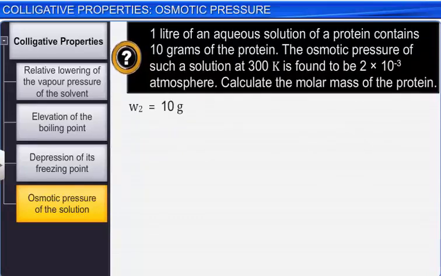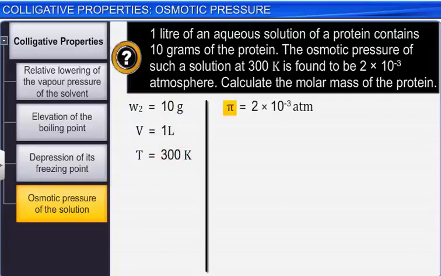The given variables are W2 = 10 grams, V = 1 liter, T = 300 Kelvin and π = 2 × 10^-3 atmosphere. M2 needs to be calculated. Also, R = 0.082 liter atmosphere per Kelvin per mole.